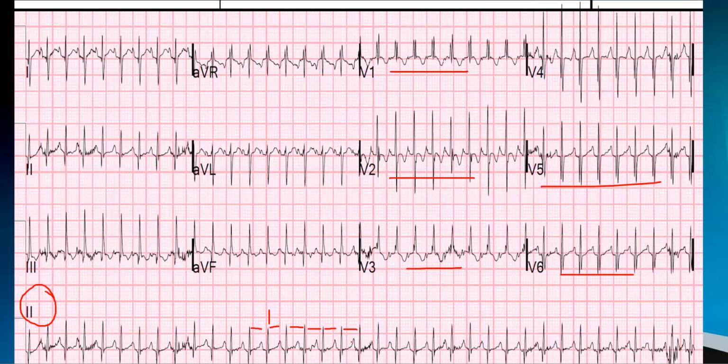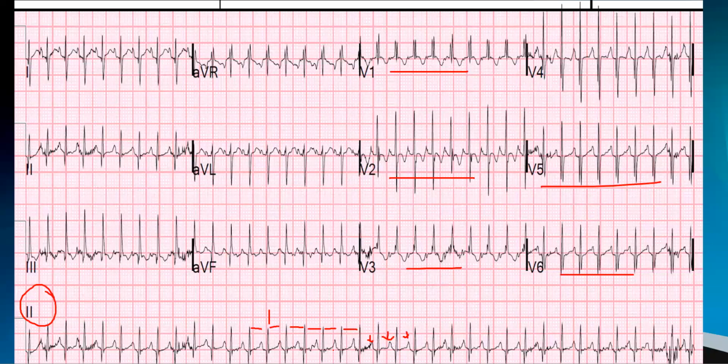So you can say narrow complex tachycardia. And especially, you cannot see any P wave here. There is no P wave, only this wave is your T wave. So absence of P wave, regular rhythm, narrow complex tachycardia, that's your supraventricular tachycardia.